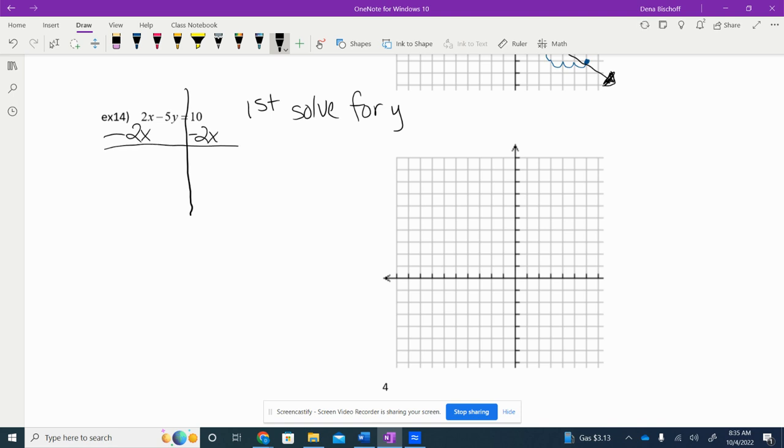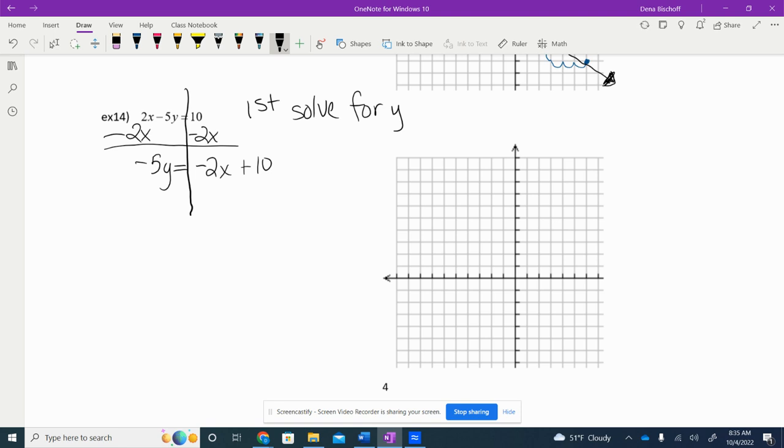So when I do that, remember that I purposefully make sure that I have the x term come first on the right side. So I have -5y on the left equals -2x plus 10. That just sets me up for y equals mx plus b.